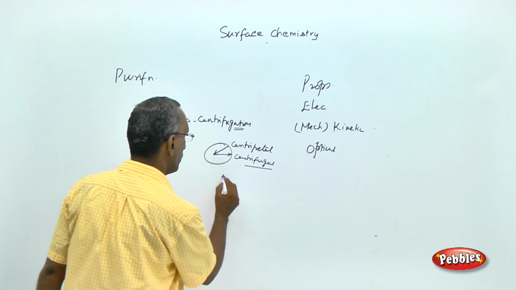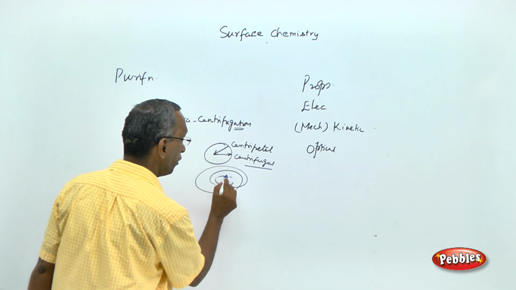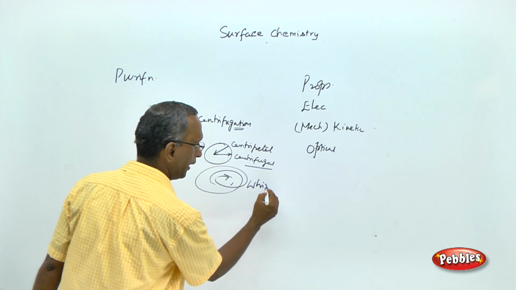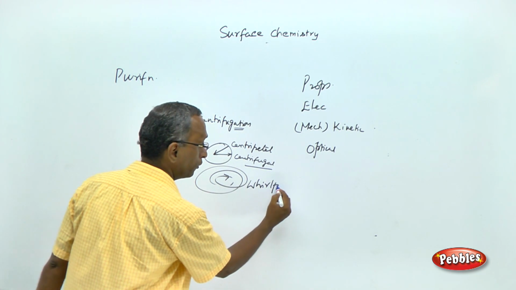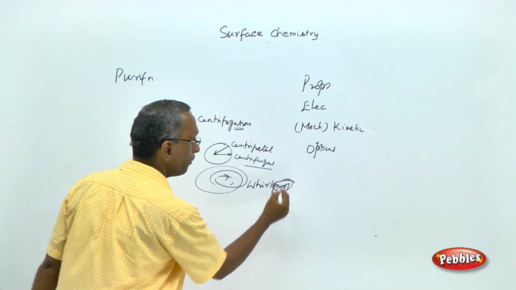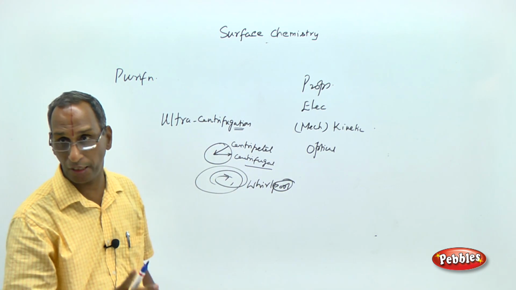Here the colloidal system is subjected to a whirling action. Whirling, as in whirlpool or washing machine, means rotating at a faster rate.